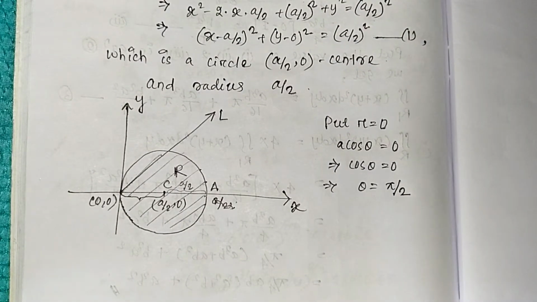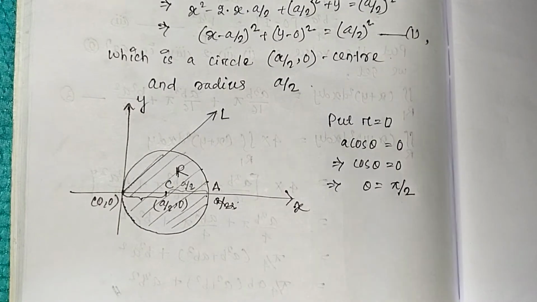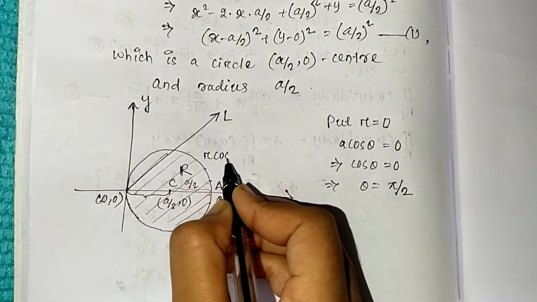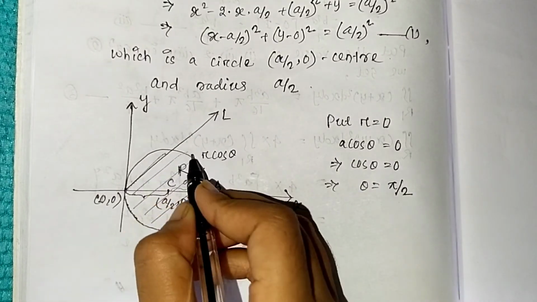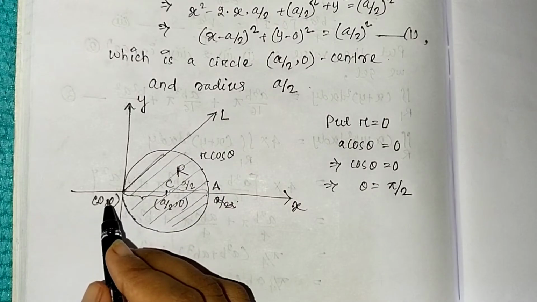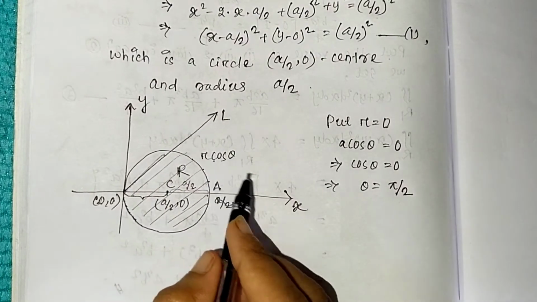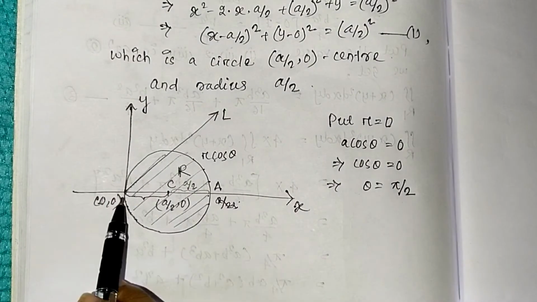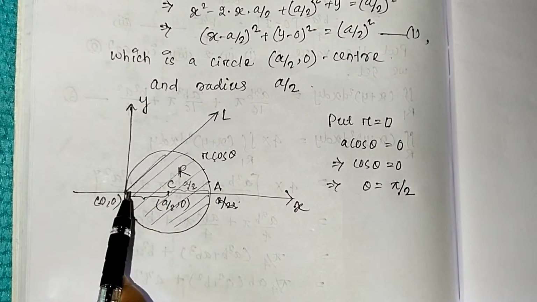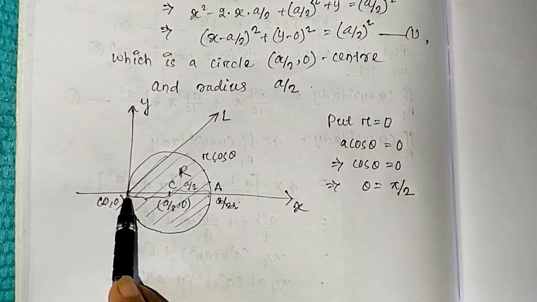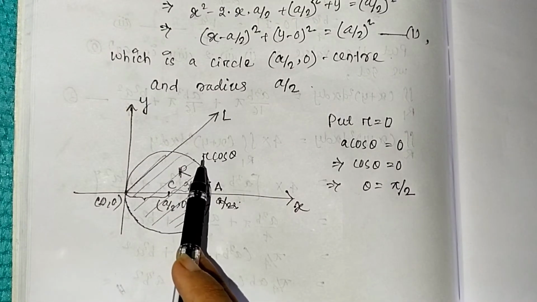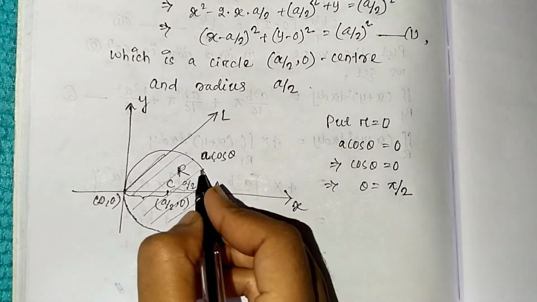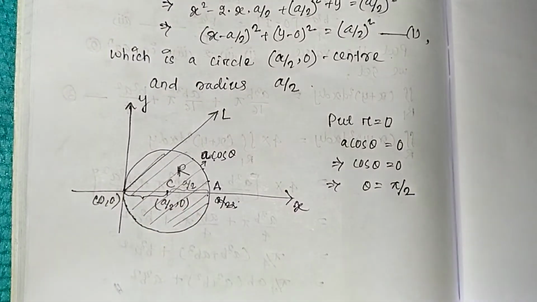So our r is from 0 to this circle, which is a cos theta, and theta is from 0 to pi by 2. So theta is from 0 to pi by 2 and r is from 0 to a cos theta.